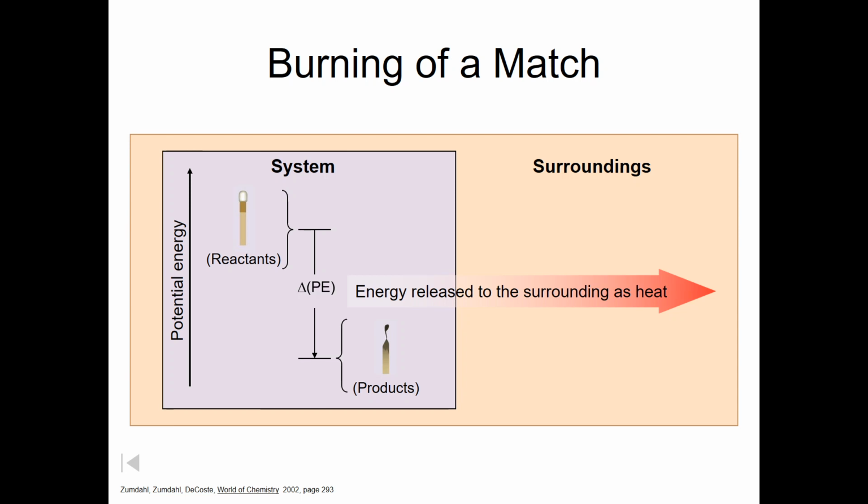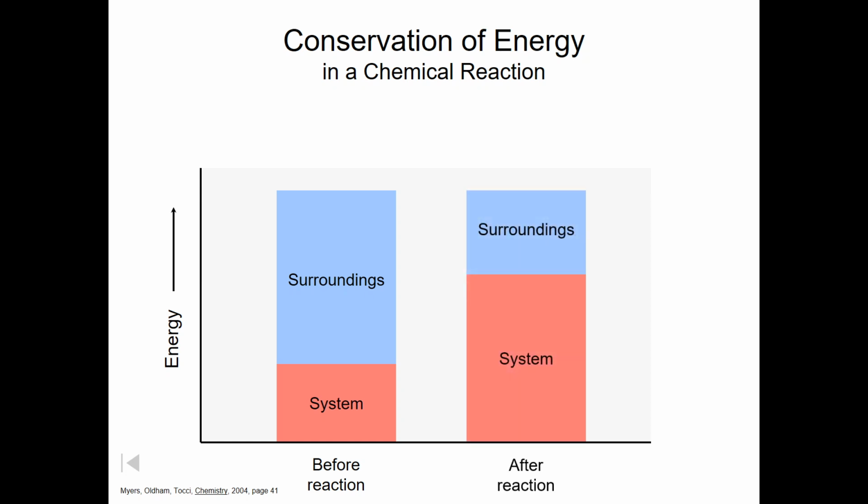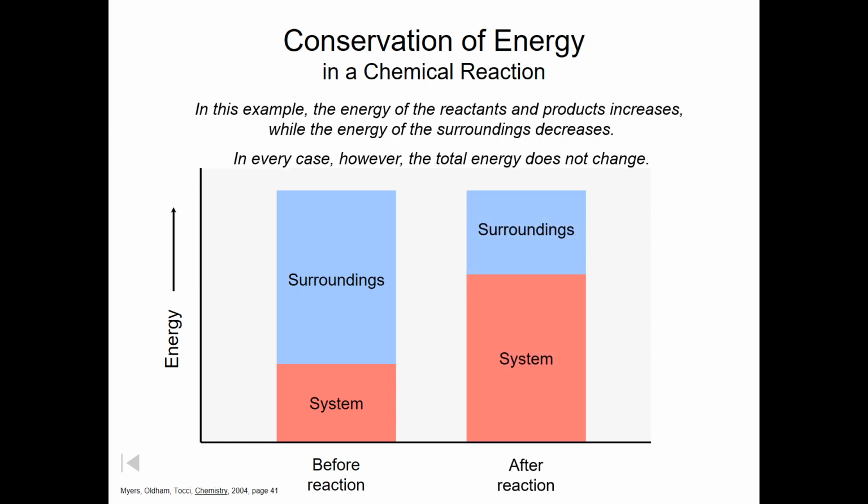So if we look at the total energy beforehand, we have energy in the surroundings and energy in the system. In this example, the energy of the reactants and products increases while the energy of the surroundings decreases.